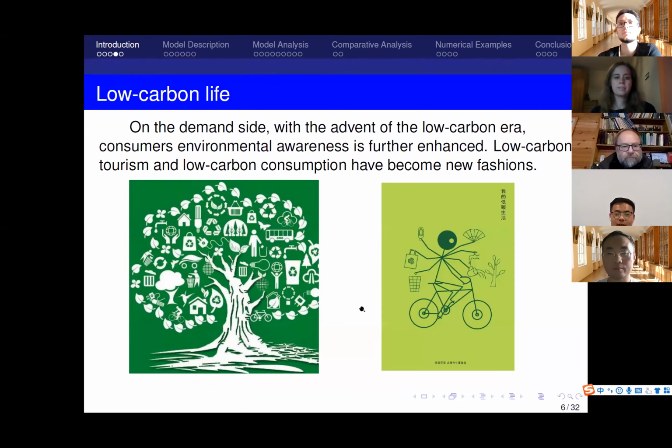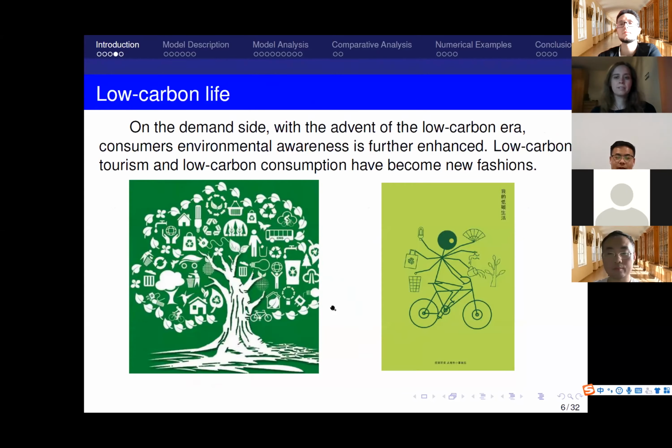These pictures are familiar to us: transportation, electronics, and buying something in a green style, just online shopping, O2O.